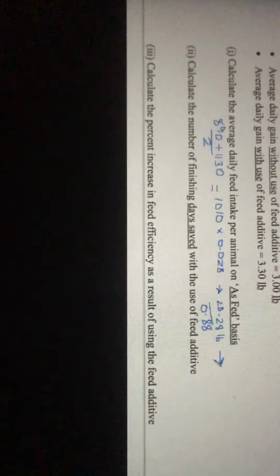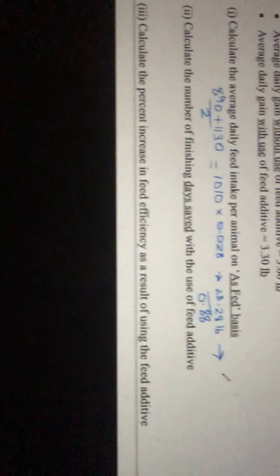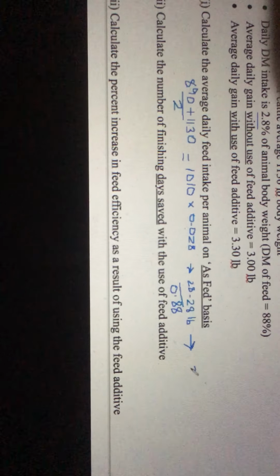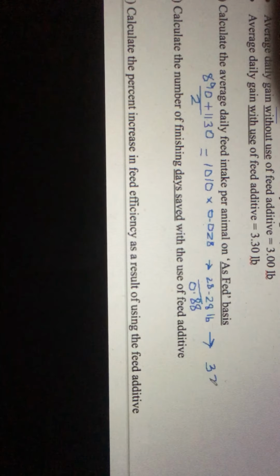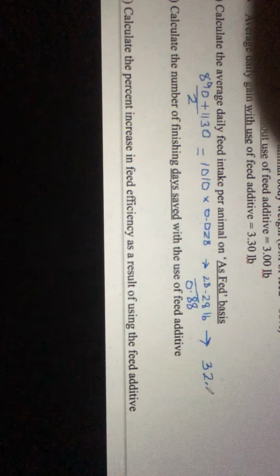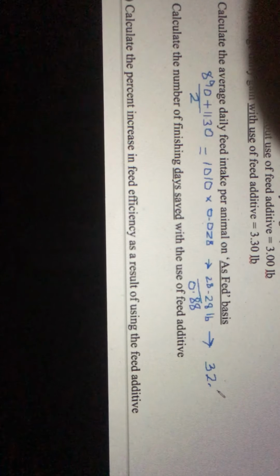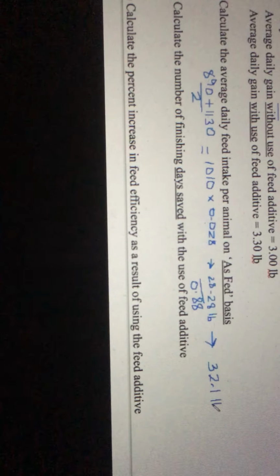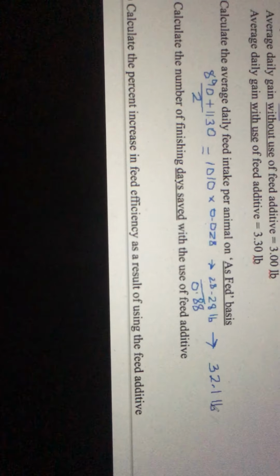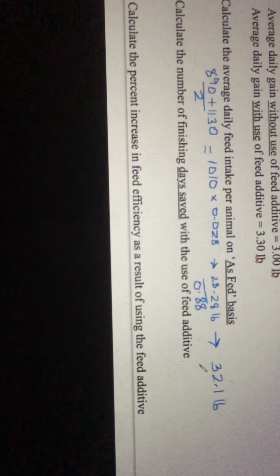Divided by 0.88, these animals are consuming as fed 32.1 pounds per day. This is per animal.